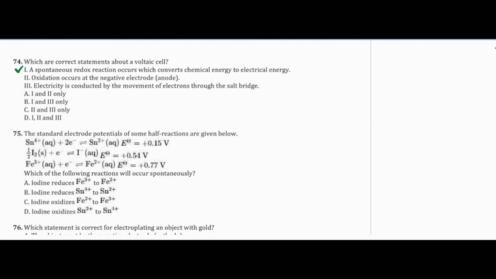Oxidation occurs at the negative electrode, the anode. Yes, oxidation always occurs at the anode, and the anode for a voltaic cell is negative. Electricity is conducted by the movement of electrons through the salt bridge. No, in the salt bridge we have ions moving, we don't have electrons. The electrons move in the external circuit. So that will leave us with A.